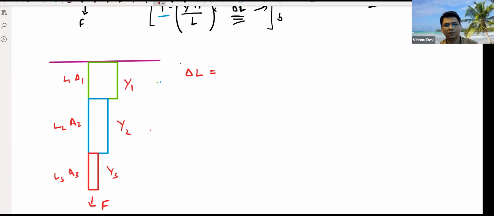How do we solve this? Delta L was delta L1 plus delta L2 plus delta L3. Yes or no? Very good.